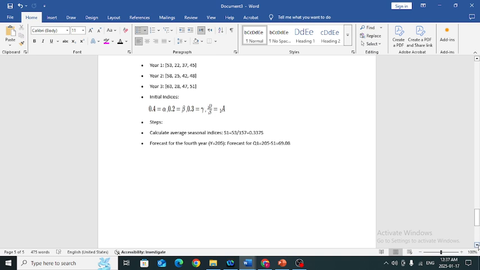The complex models, which encompass Holt's and Winter's, also have some advantages and disadvantages. The advantage is high accuracy, and the disadvantage is computational complexity.